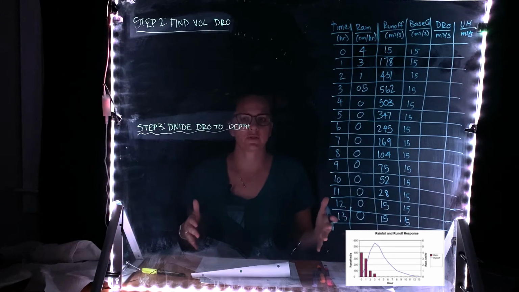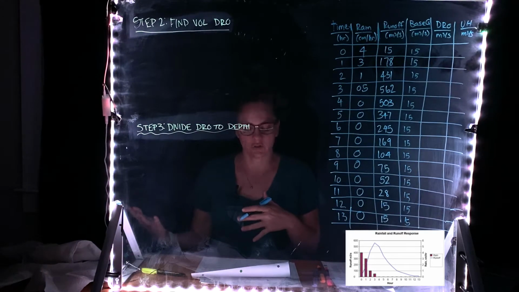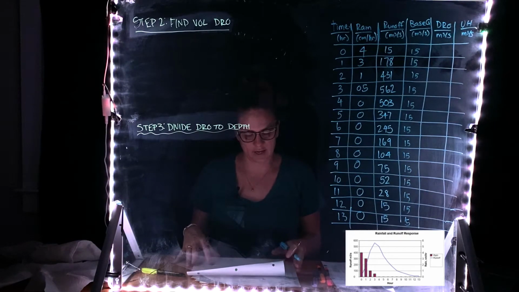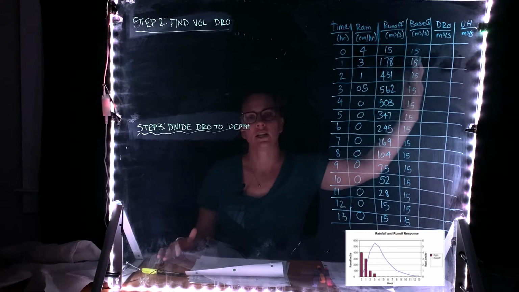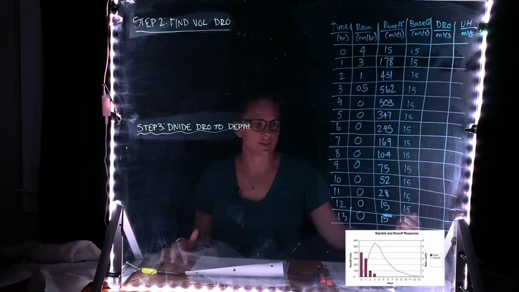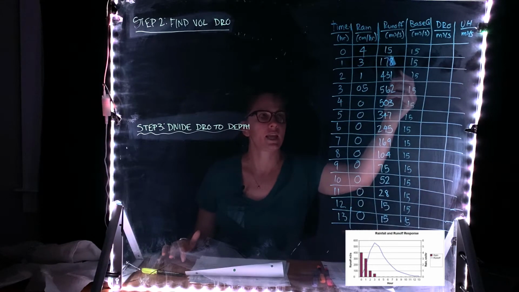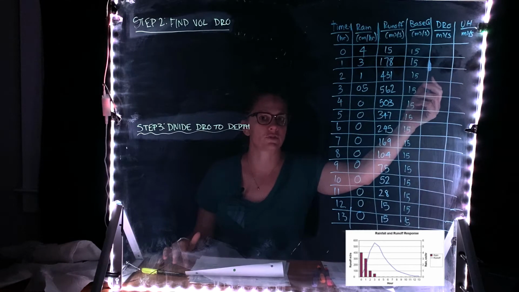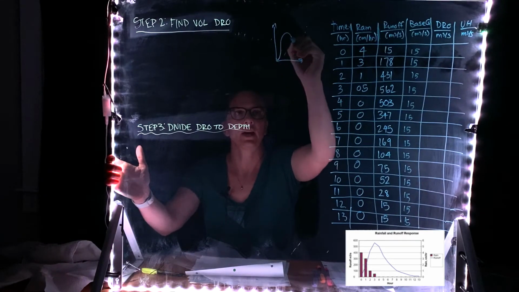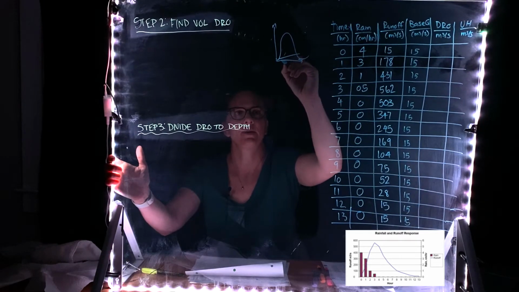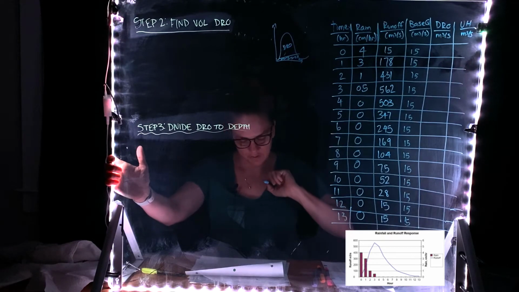Okay, once our base flow is put in, we're going to move to the next step, which is to find the volume of the direct runoff. So we need the direct runoff for all of these time ordinates, all 13 hours given. We're going to determine that by taking the runoff minus my base flow. If you remember from the previous video, everything above that base flow is our direct runoff.